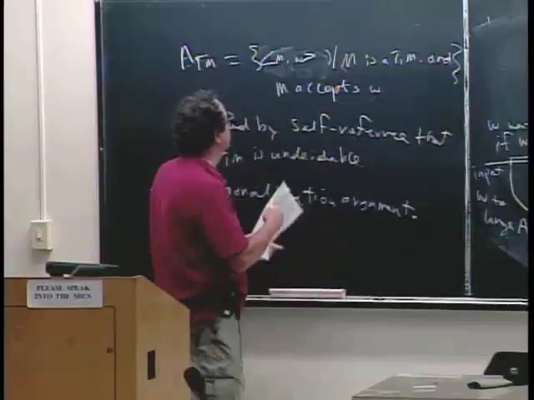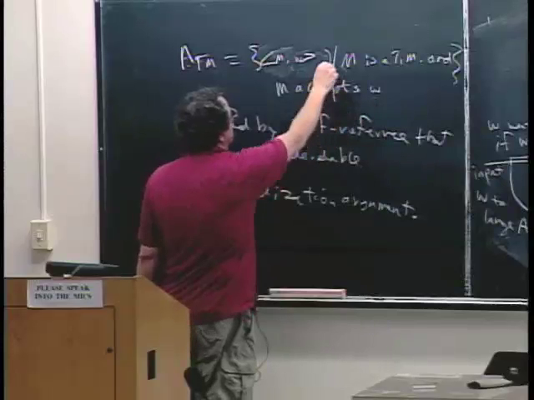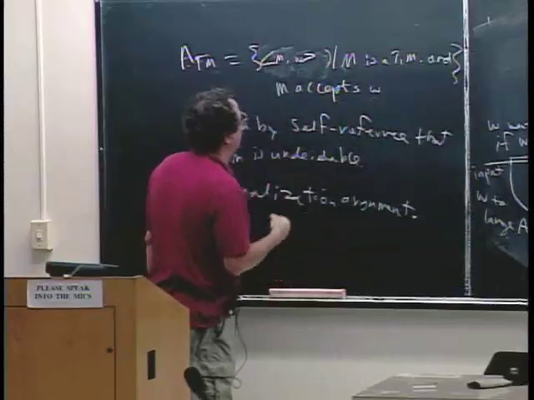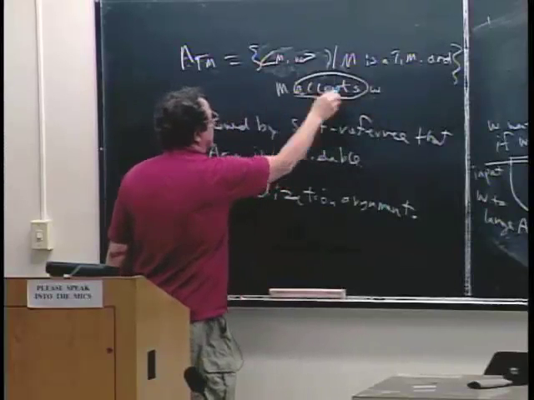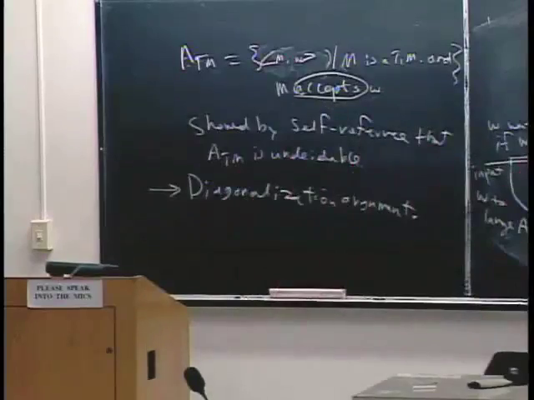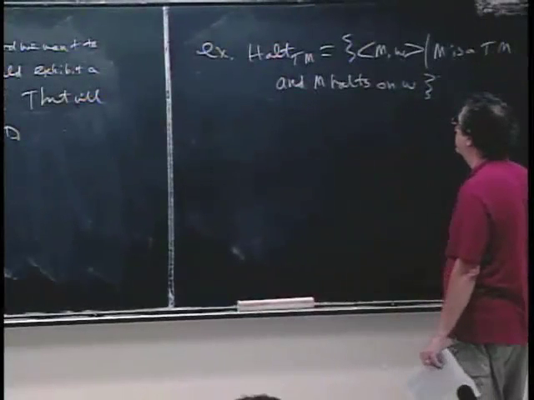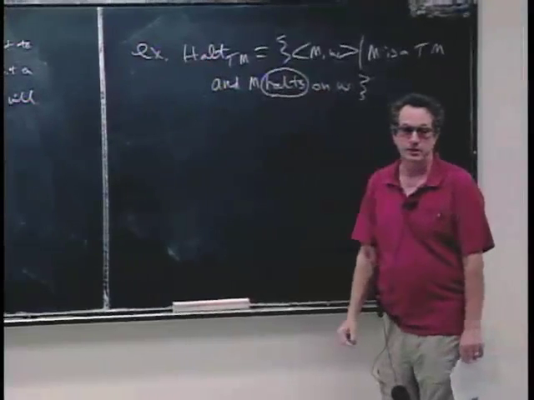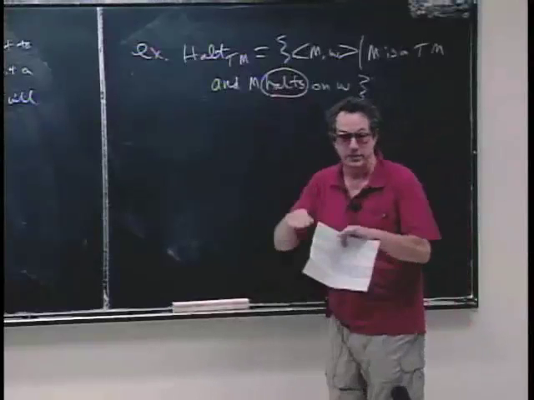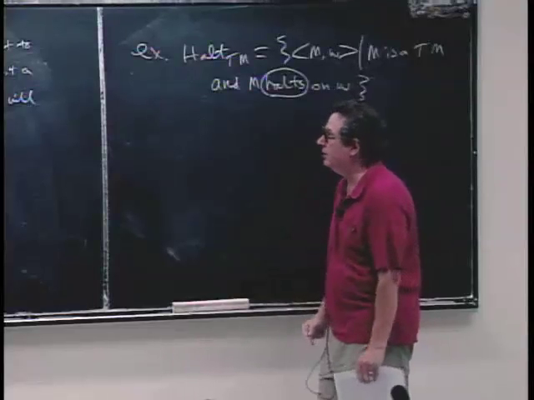The key difference is that this language is decided by a Turing machine concerned with whether or not M accepts W, and over here, this language is decided by a Turing machine which is concerned with whether M halts on W. All right, so they are different, even though they have a certain superficial relationship.